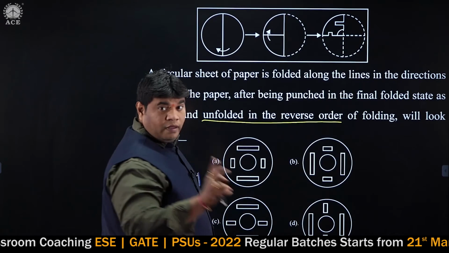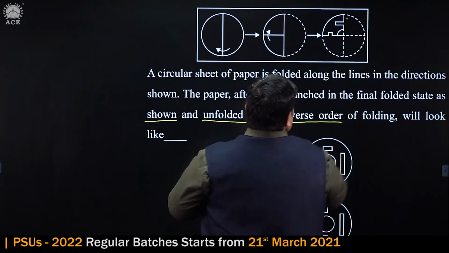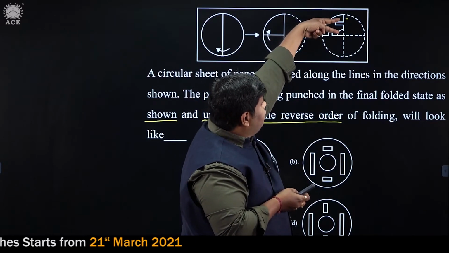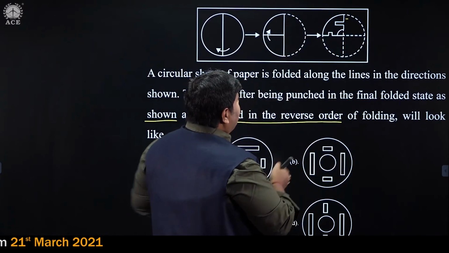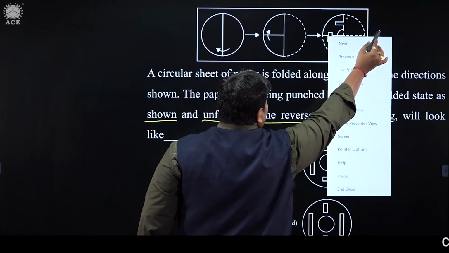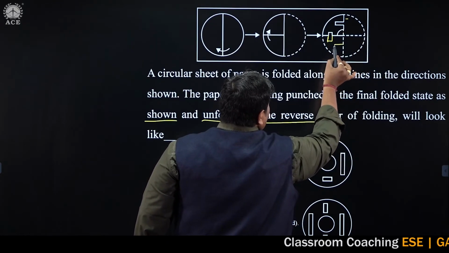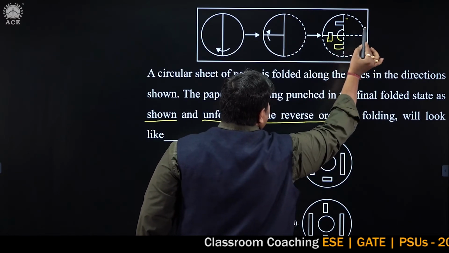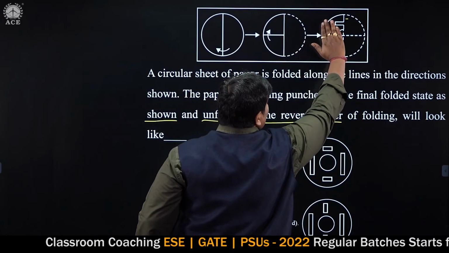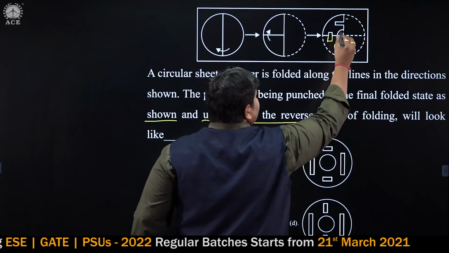Once observe. This paper, first you fold in reverse. So then what happened? This diagram, like this. This is the shape. Again, if I unfold it the reverse way, then it is completely a circle.